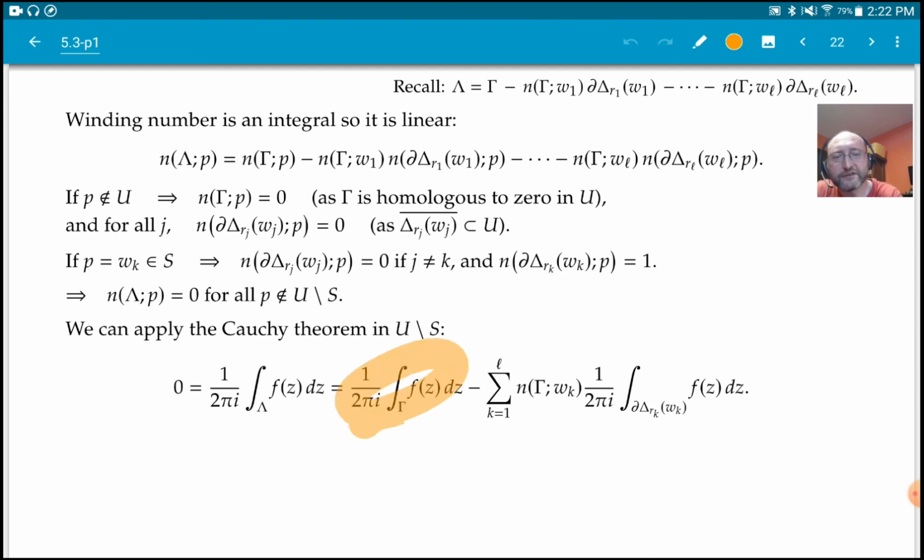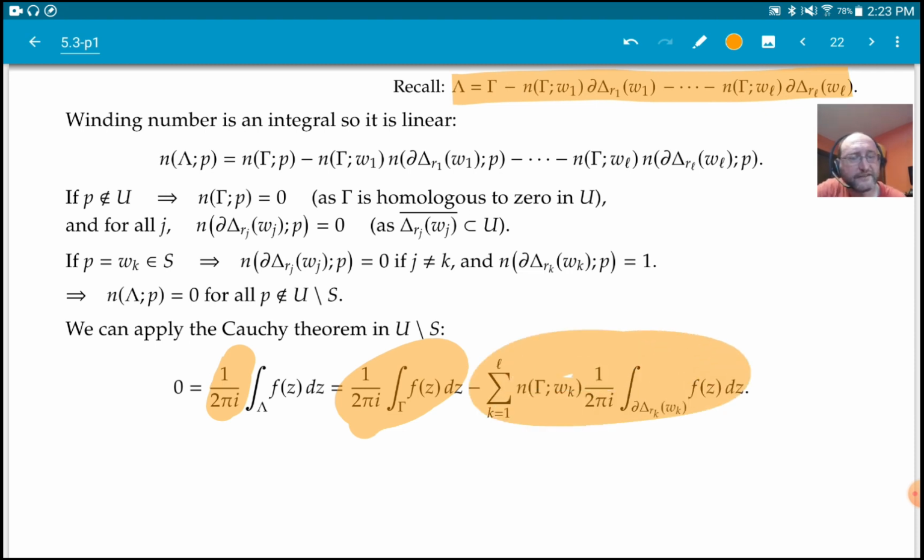It's the integral over gamma, and there's always this 1 over 2 pi i in there, that has to be there. So this integral over here, and then, just by what lambda is, we get this expression over here, that's just the integral over that nonsense over there. So that's just what it is.